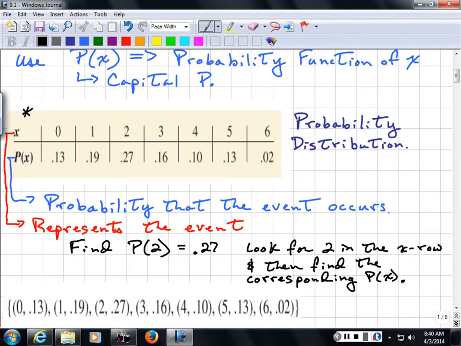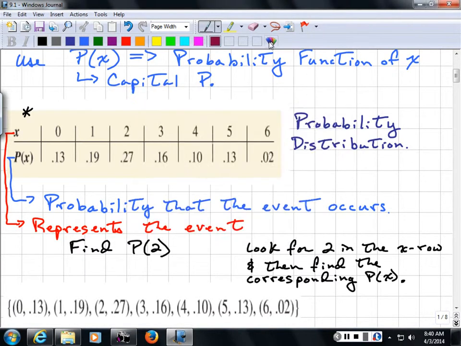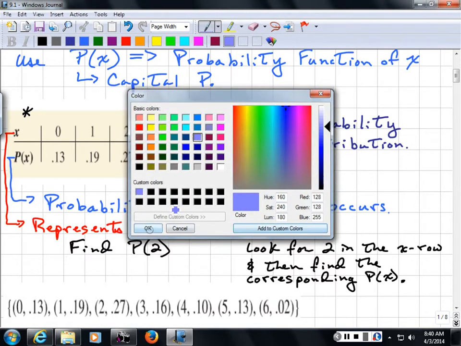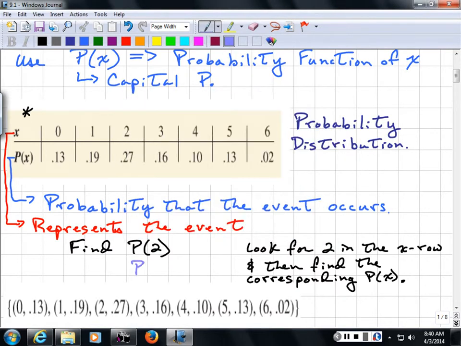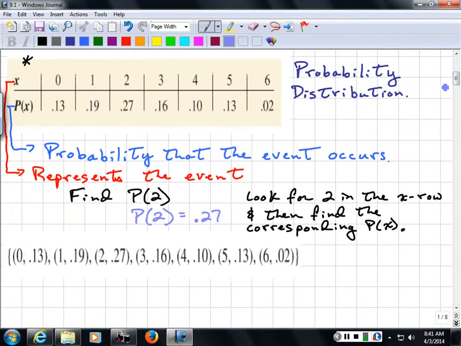Now, actually, let me change this just a bit. If you look carefully at that probability distribution table, it maps perfectly to this set of ordered pairs. So it's just like a regular function that we've used before. And I could map these on a Cartesian plane if I wanted to.